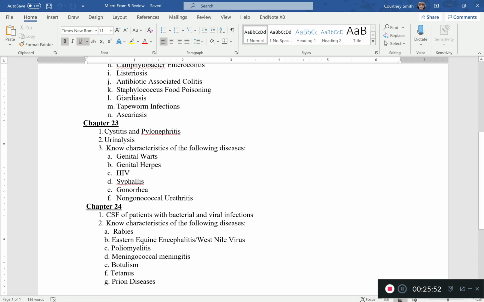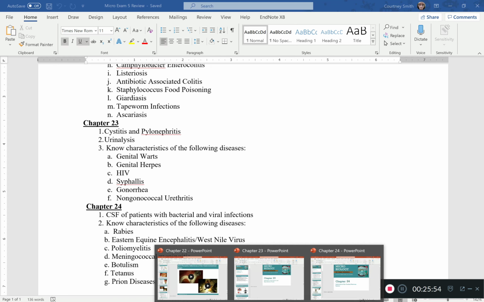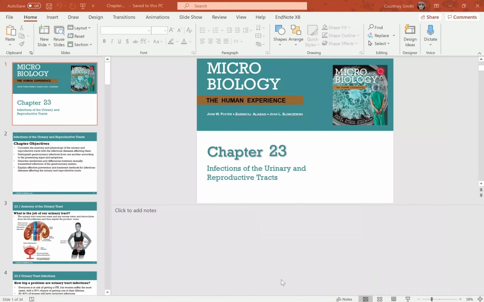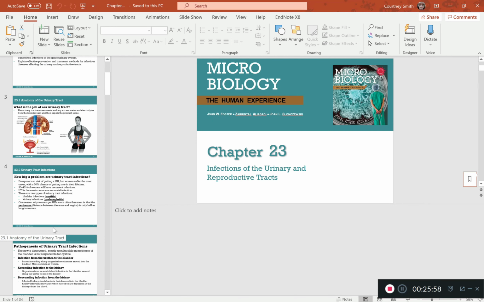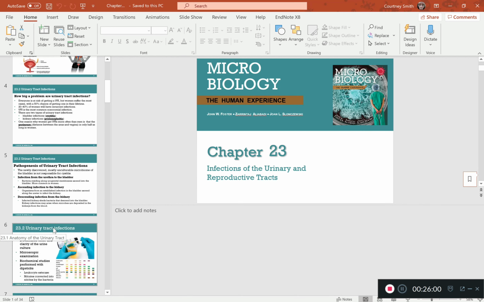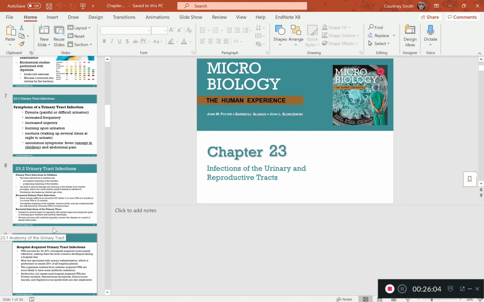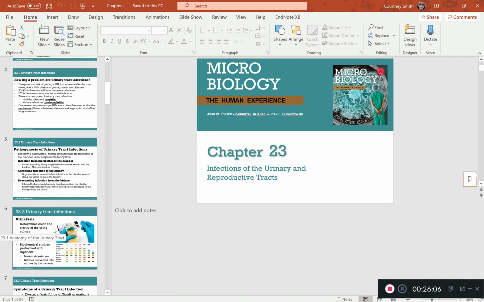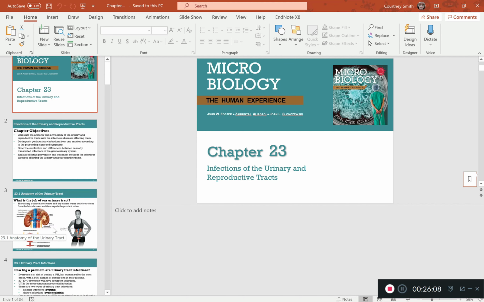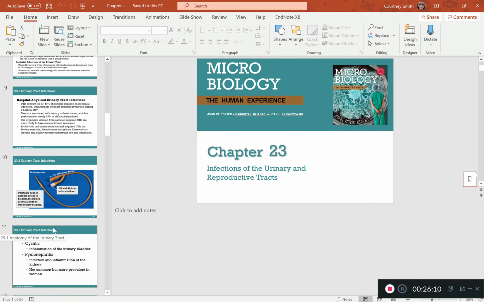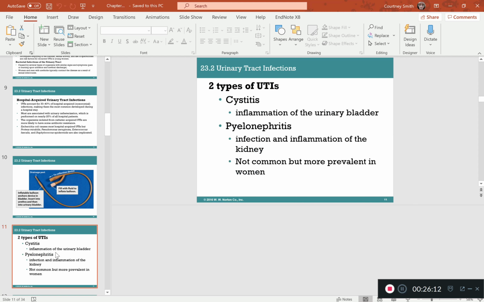With chapter 23, we're going to talk about the differences between UTIs. There are two different types of UTIs. There is cystitis, which is the inflammation of the urinary bladder only, or you have the inflammation or infection of the kidney.